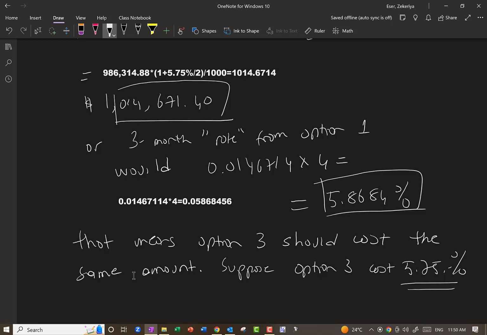So in general, if you think about it, the way we calculated that rate, we started with our principal. I'm going to call that dollar $n. Sometimes that's called a notional amount.